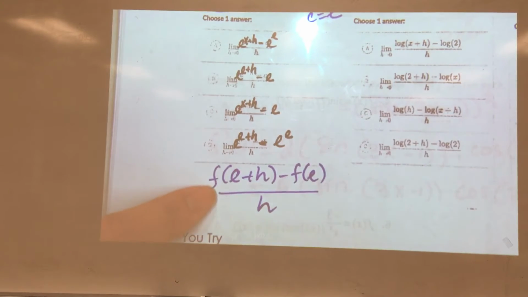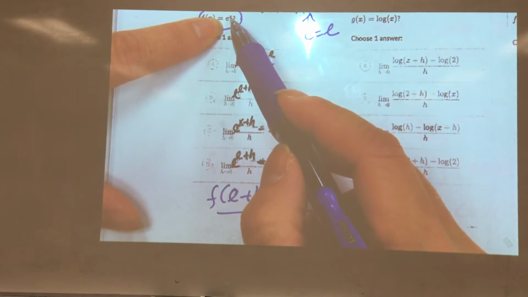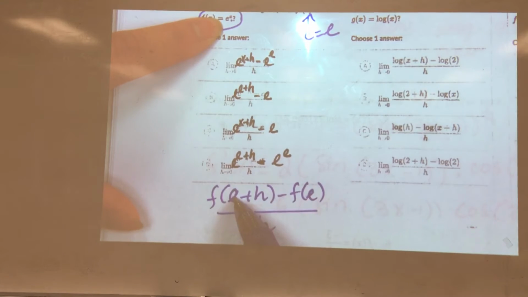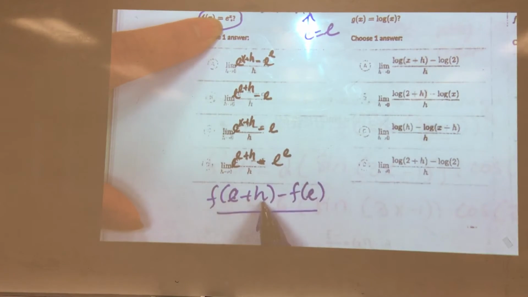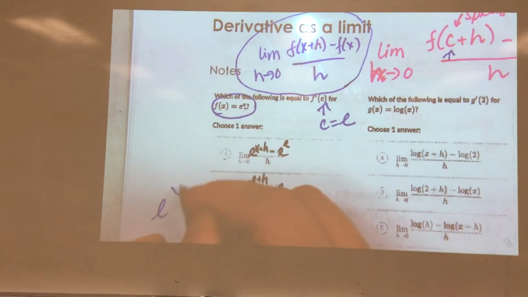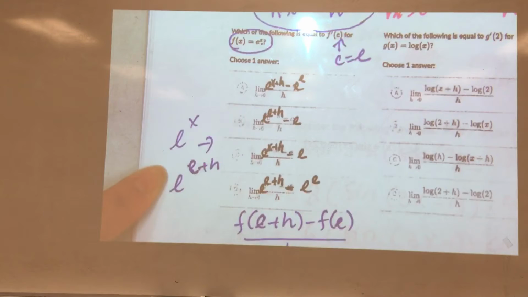So f of e, over here, I'm going to replace the x with e. Anywhere that I have x, I'm going to replace with e plus h. So over here, e to the x, if I replace this, it's going to be e to the e plus h, right?